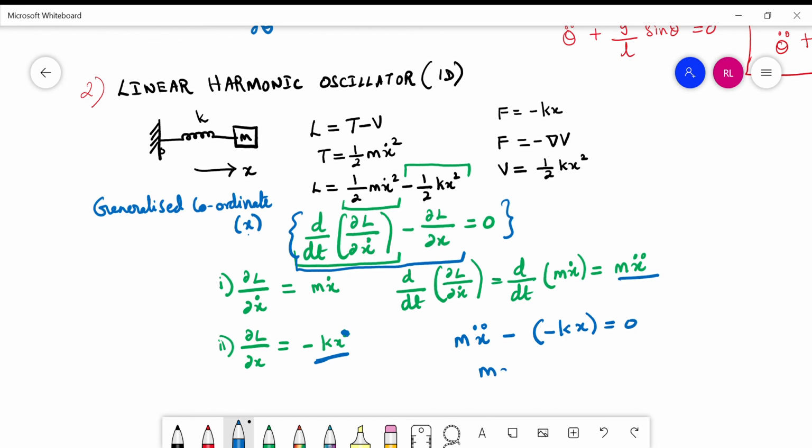So m x double dot plus kx equal to 0. On rearranging these terms, we will be getting x double dot plus k by m x equal to 0. This is the equation of motion of a linear harmonic oscillator in one dimension.